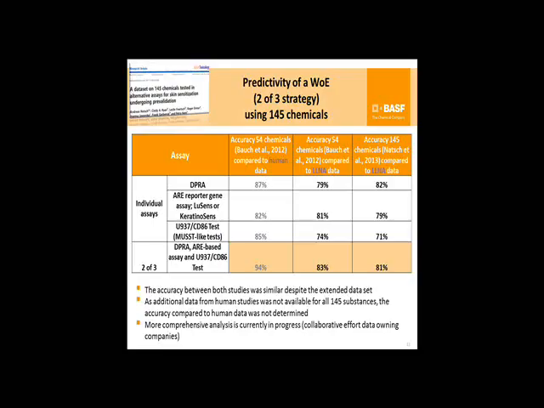And here we're working on local lymph node assay basis, and not for all of the 145 substances human data was available. And the key message here is that even with an extended data set, the predictivity is still quite good, and also it's very comparable to the data set that has been published by CSF. And this work is currently being extended in a collaborative effort by the data-owning companies.